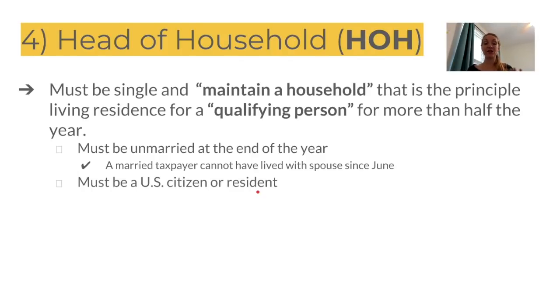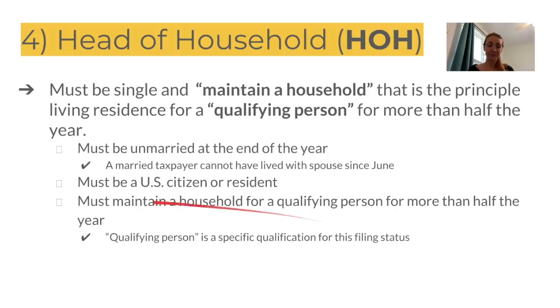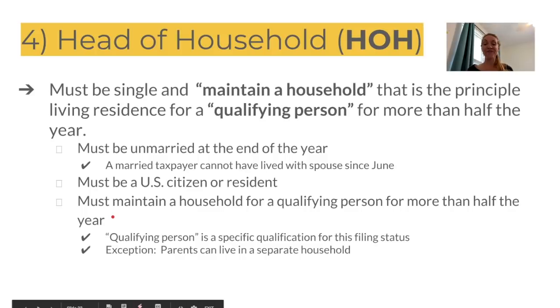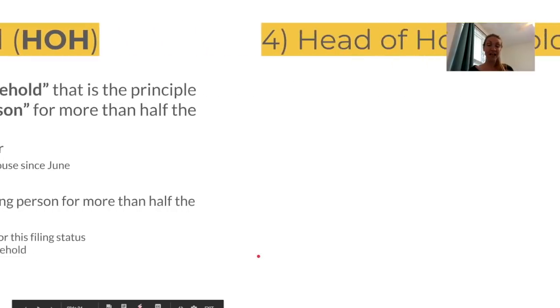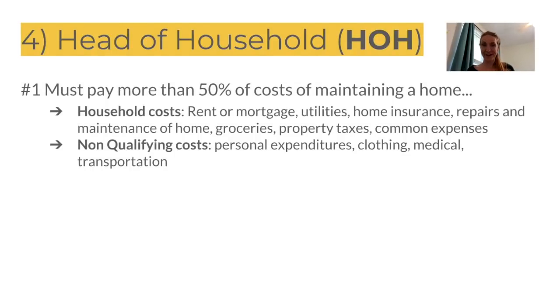Now, they must be a U.S. citizen or resident, the qualifying person. Must maintain a household for this qualifying person for more than half of the year. And the qualifying person is a specific qualification for this filing status. Now, parents can live in a separate household and qualify in certain scenarios for a parent of the taxpayer.